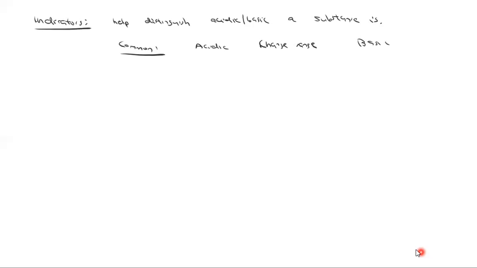So for example, for litmus, you've got red, purple, blue. For phenolphthalein, you've got your colorless, and then sort of light pink, I suppose, and then pink, right?